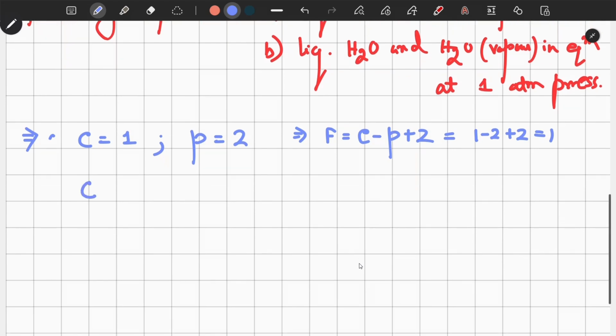And for the second case, C prime is 1, but there is one restriction, so C is 1 minus 1, 0.